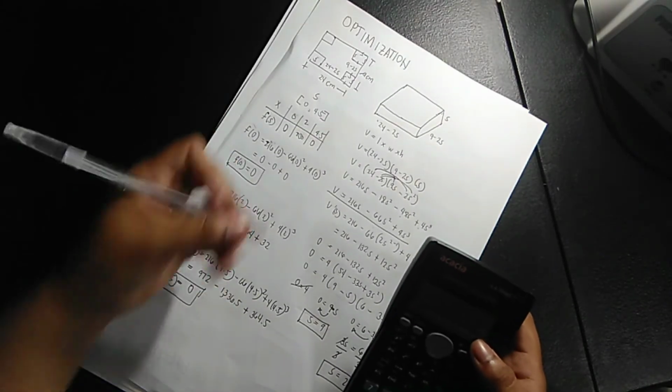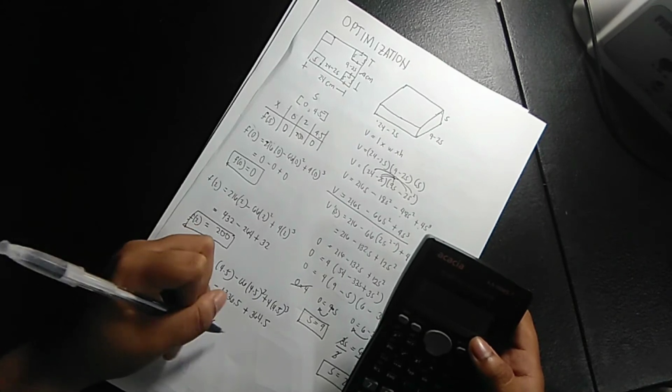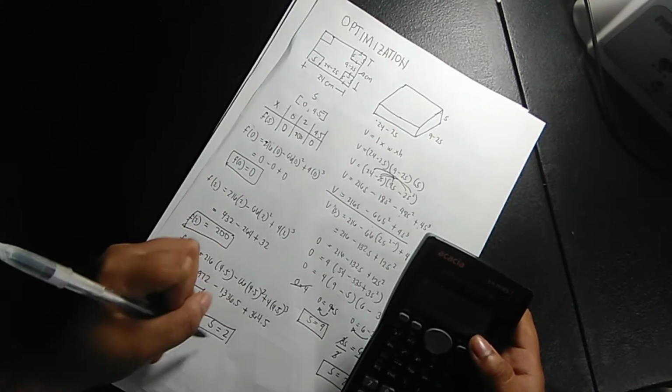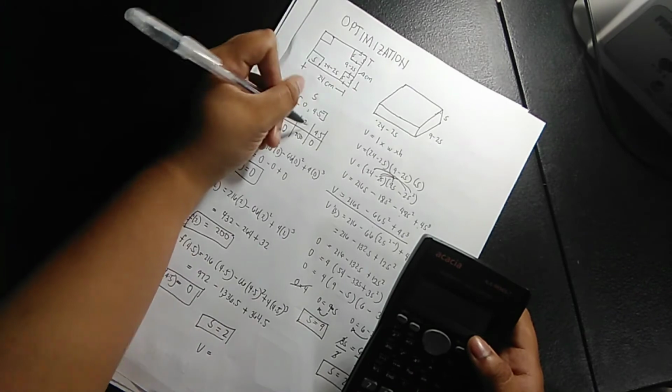So we look in the table of values for the highest value. So the highest is at s equal to 2, then the highest volume is 200.